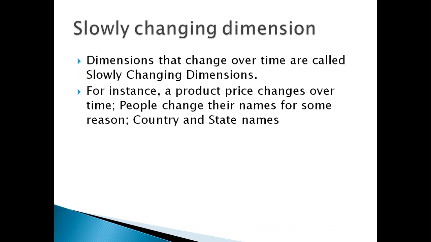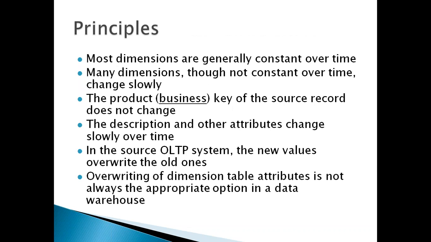We have types of slowly changing dimensions. Before that, we'll understand the principles of slowly changing dimensions. Most dimensions are generally constant over time, and many dimensions, though not constant over time, change slowly. Whatever the change that you make, the product key of the source record should not change.